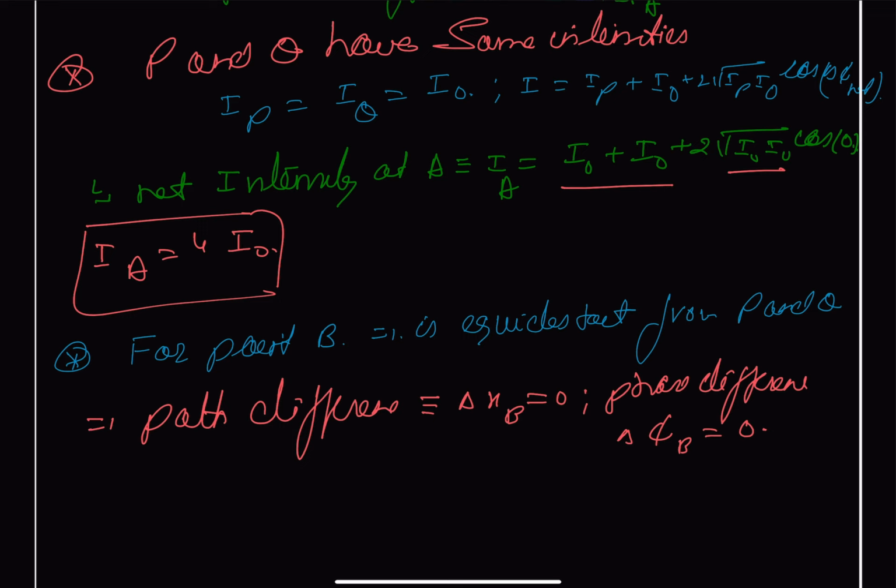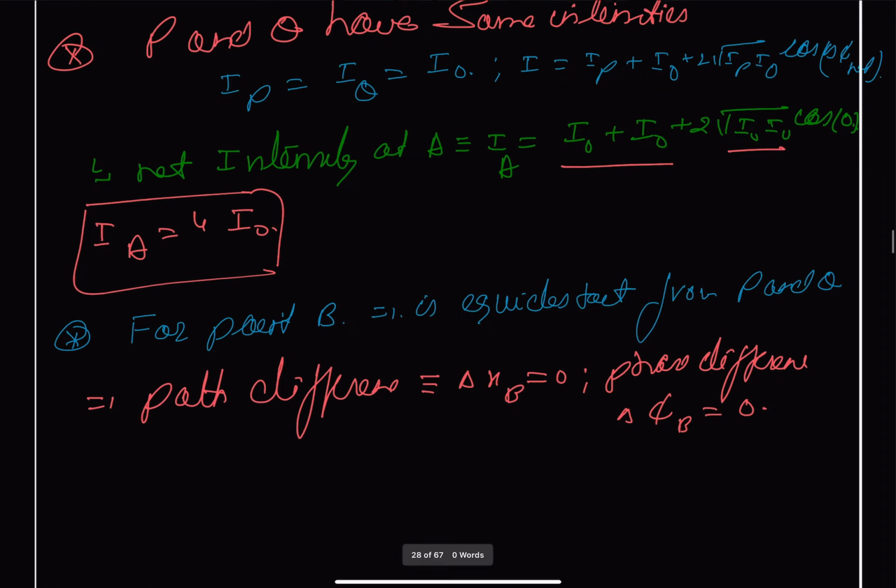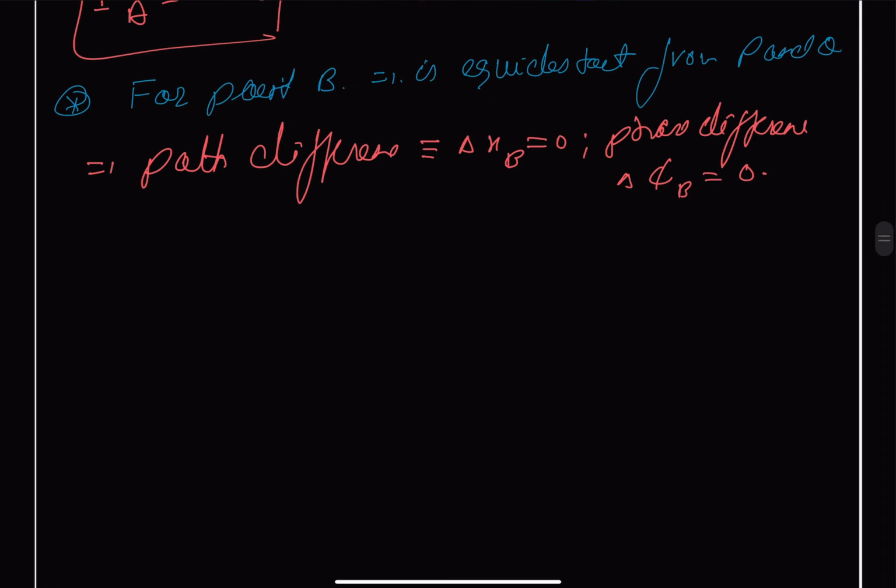And we already know there is an extra phase difference, P leads Q by pi by 2. So therefore, the net phase difference, we can call this phi net B, will be equal to pi by 2.